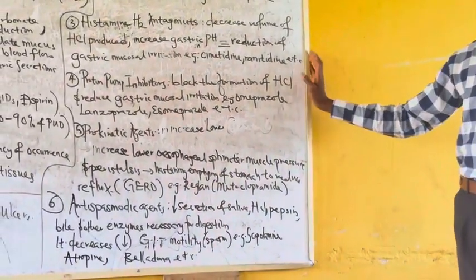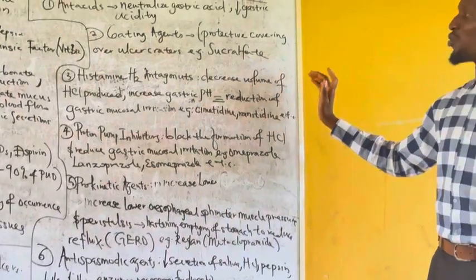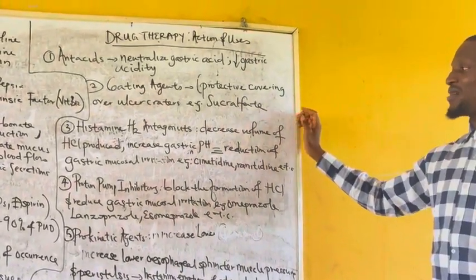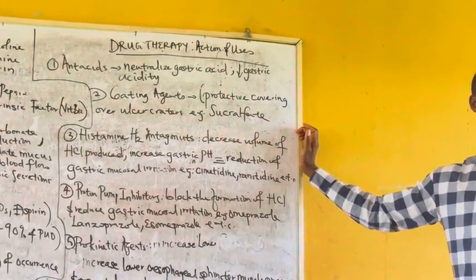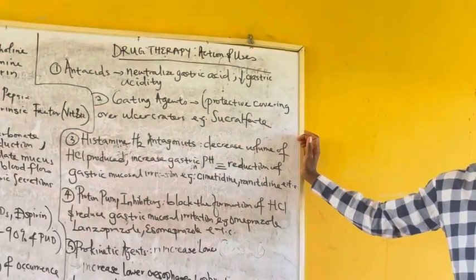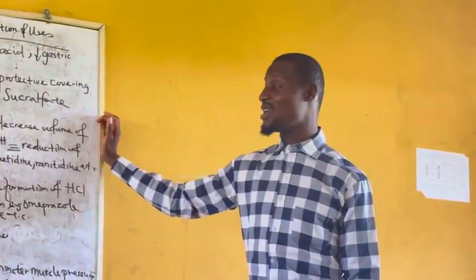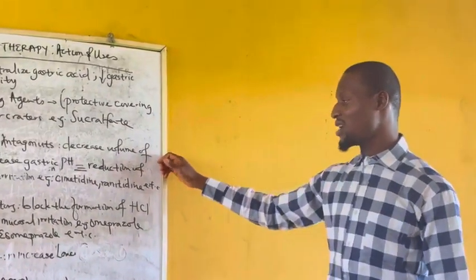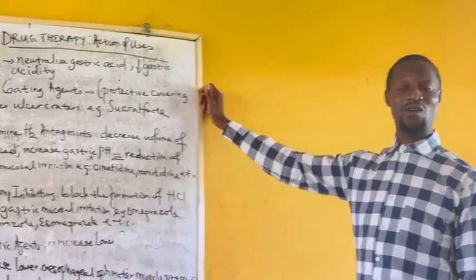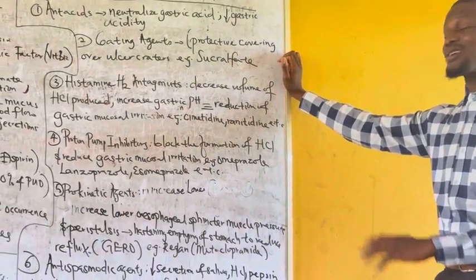What I forgot to say is that with histamine H2 antagonists, we expect it might be able to block up to 70% in some cases of acid production in the individual. But for proton pump inhibitors, the examples here would involve omeprazole, pantoprazole, esomeprazole, lansoprazole.